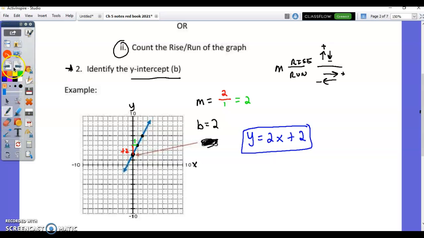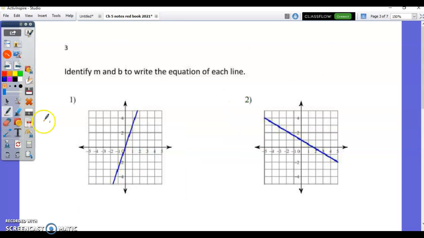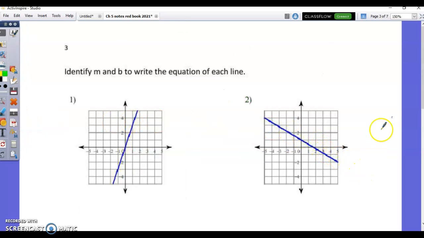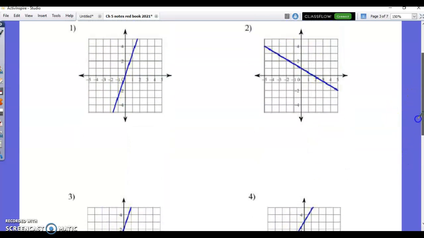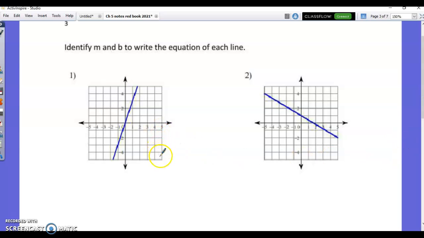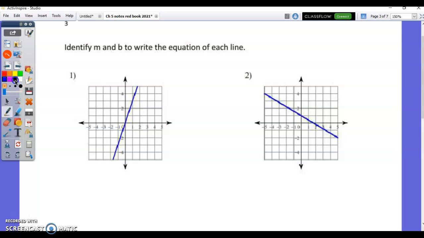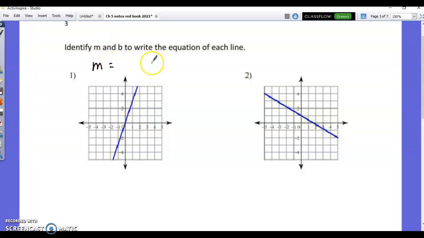All right, the next page is just practice on these problems. So we are going to use these equations of lines. Go ahead and pause this and try to do it yourself by identifying m and b, and then writing the equation of that line. All right, so here would be number 1. I'm going to identify my m, and I'm going to identify my b.